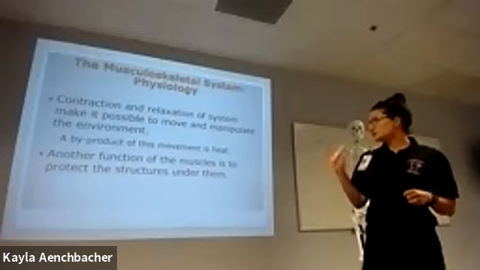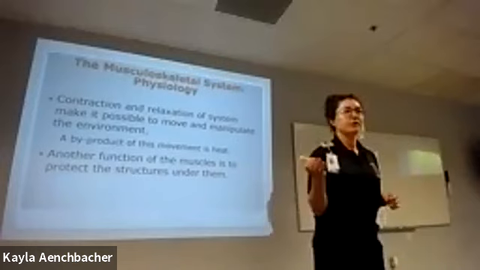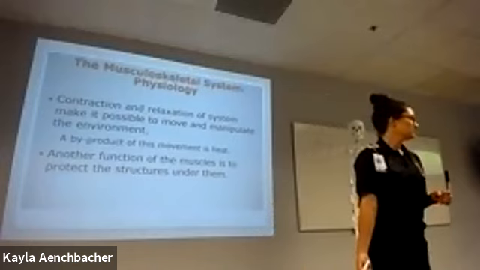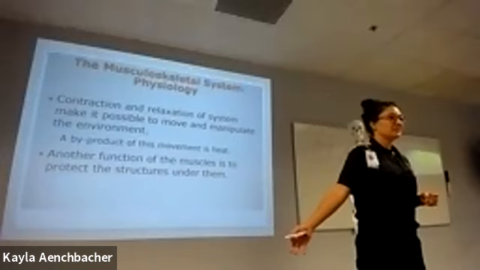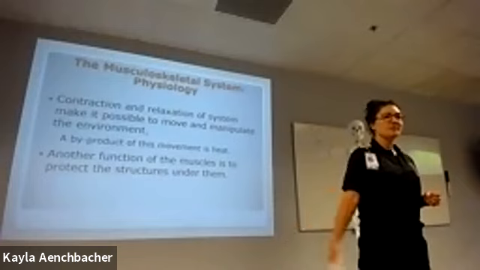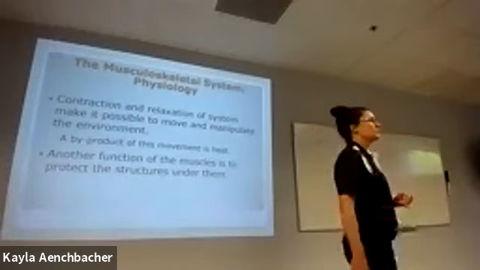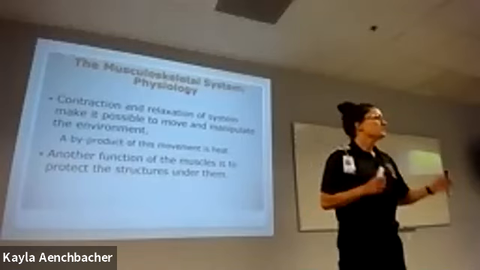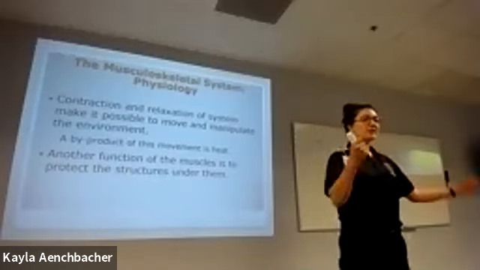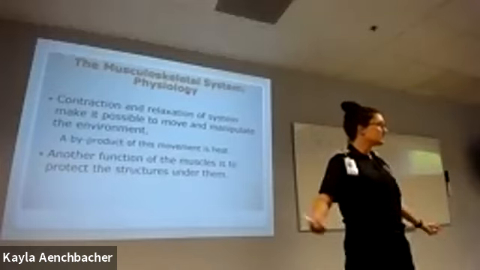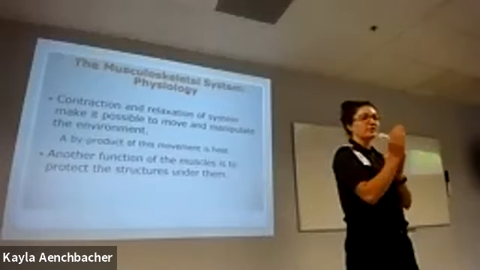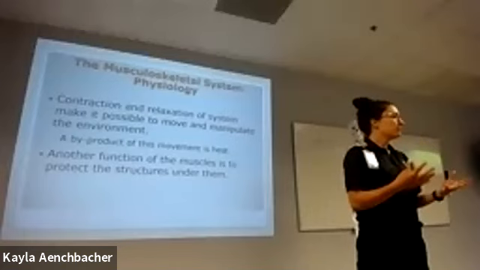So also another important factor to remember, a byproduct of movement is what? Heat. So that's why if you're doing any type of physical activity, if you're going to the gym, if you're going hiking, if you're vigorously cleaning your house like I did during quarantine, those muscles, the action of flexing and extending those muscles, tensing them up and moving them back and forth up against each other, that friction, that motion, the byproduct of that is heat.